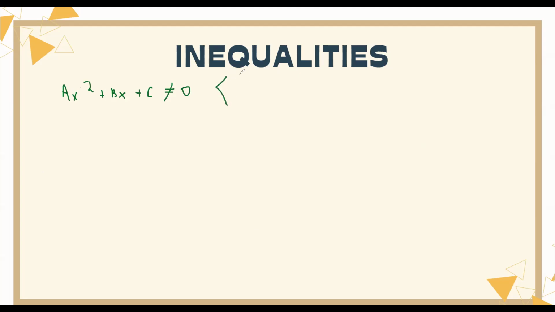So either your full expression is greater than 0, or it is less than 0. For example, we have ax plus b times cx plus d is greater than 0. So this is already in the factored form. So we have FOIL a, b, c, and d.